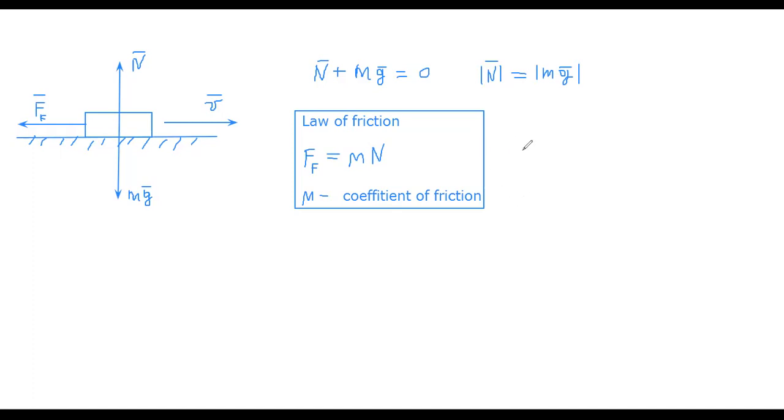And now we will consider two material points with masses m1 and m2, and I'll draw them.